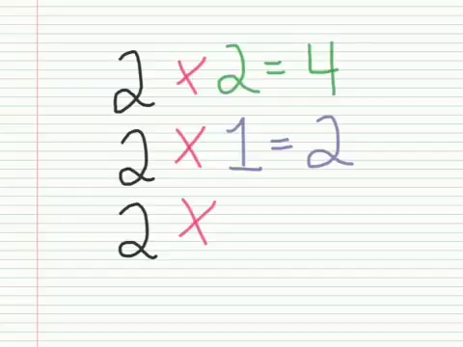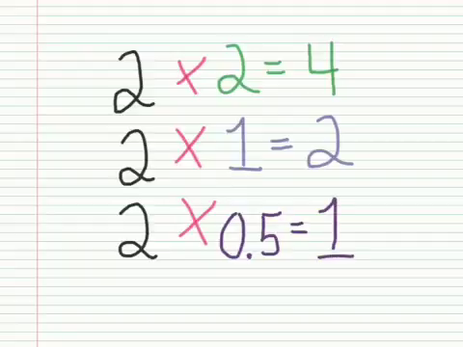But if we multiply 2 by a number less than 1, and we're going to use a decimal here, we're going to say 0 decimal point 5, which is 5 tenths, we are going to get 1.